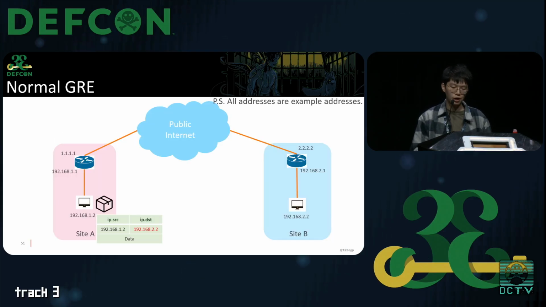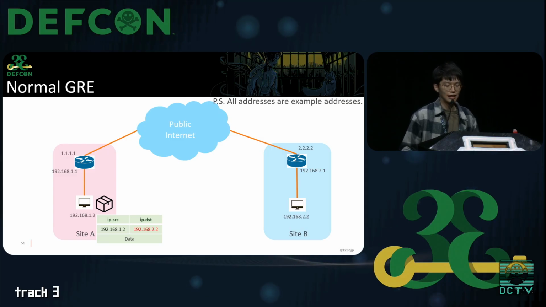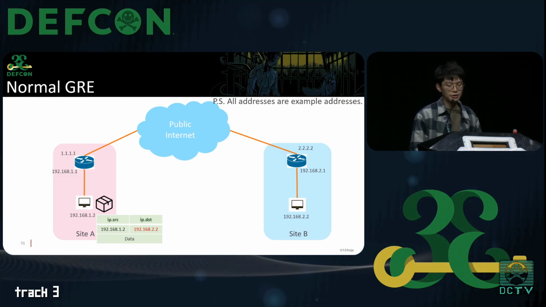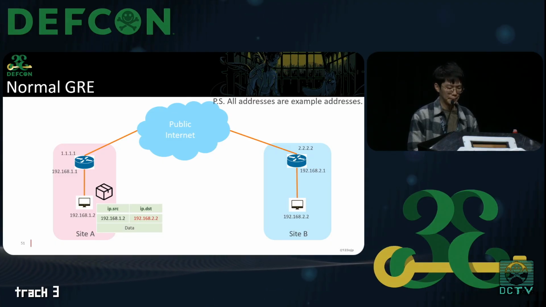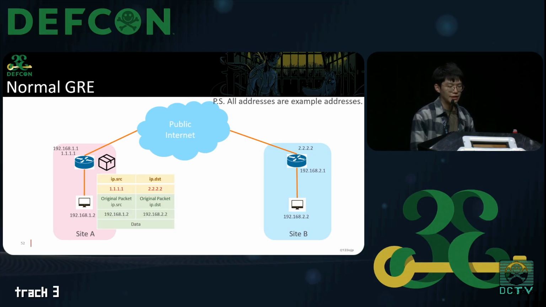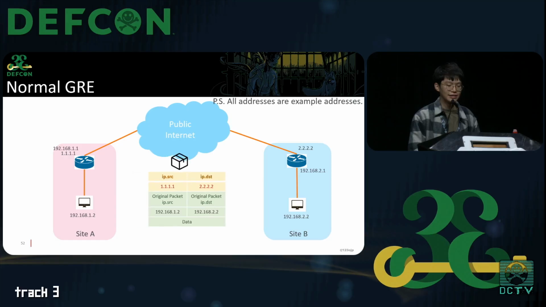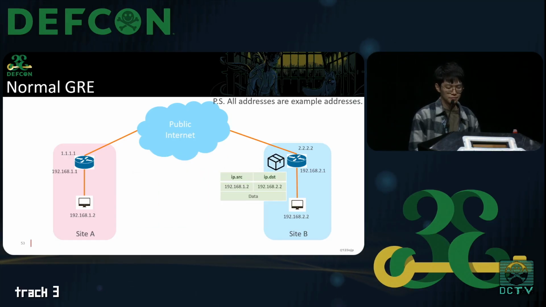For example, a private IP 1.2 wants to send a packet to another site, 2.2. The packet will be sent to its default gateway. And because it is a GRE tunnel, the gateway router will add a GRE header to the packet and then send it through the public internet. After the GRE packet arrives at the 2.2 router, it will remove the GRE header and forward the inner packet according to its routing table.